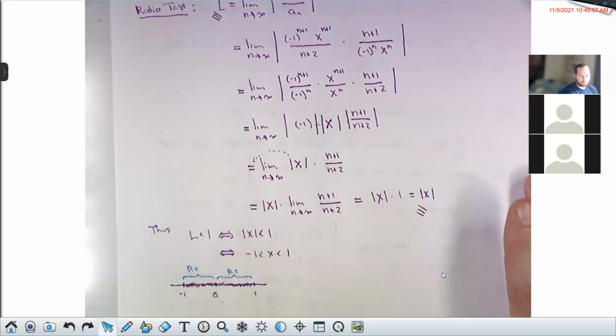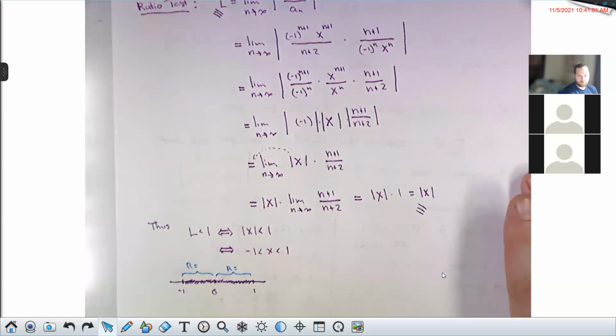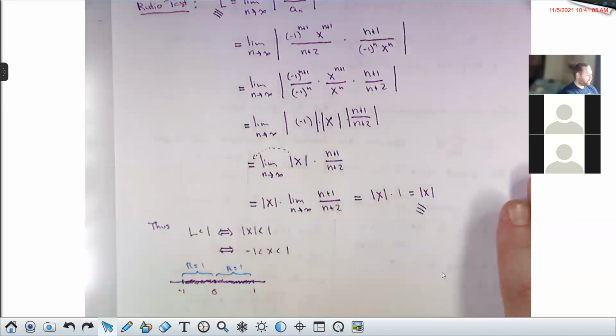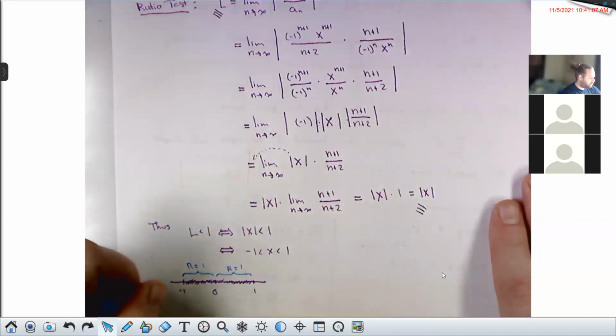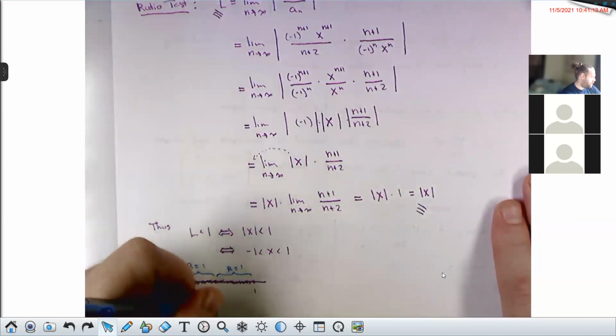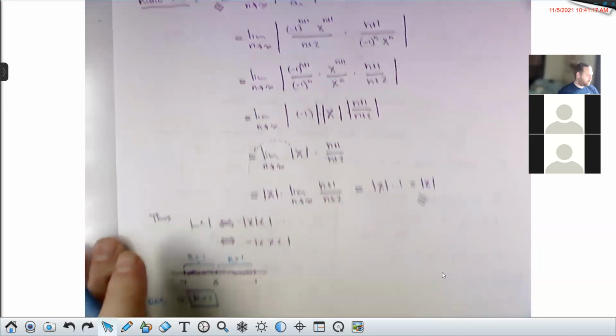What is the distance from 0 to 1? Yeah, it's 1. Thank you. Right? So the radius of convergence is r equals 1. But I still do not know my interval of convergence.